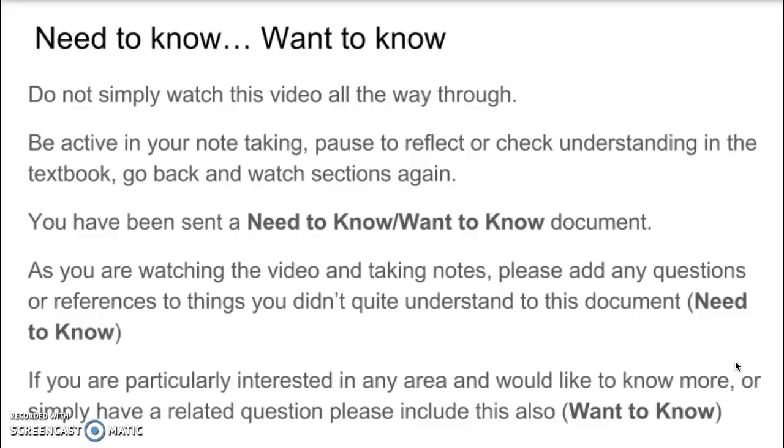In the want to know section, this is more for things that you are particularly interested in the area and would like to know more about, or simply have a related question related to this topic. And this is just stuff you want to know more about. So please use that document. That'll help me guide what we do both in the lessons and what I need to do a little bit more revision on in class.